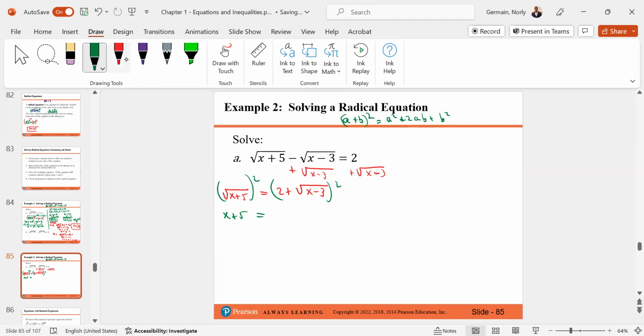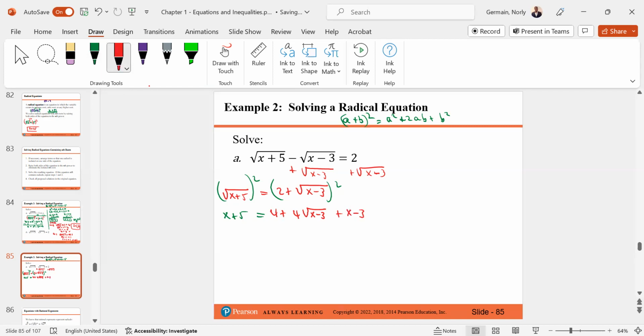What it gives you is the first one power 2, which is 4, plus 2 times the first one by the second one, 2 times 2 is 4 square root of x minus 3, plus the second one power 2. Remember, square root of x minus 3 power 2 gives you only x minus 3.